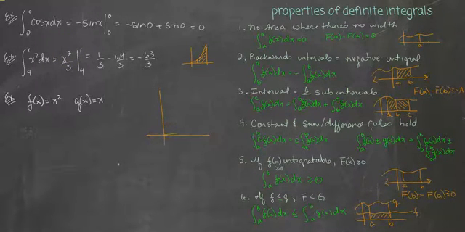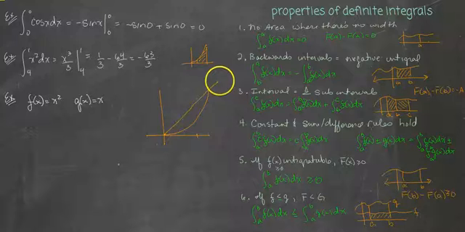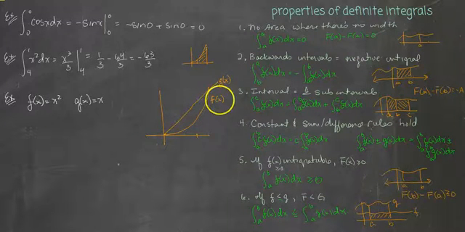So x squared looks like this, and y equals x looks like this. So g of x is definitely greater than f of x if I choose the interval from 0 to 1, because at 1, they're equal to each other.